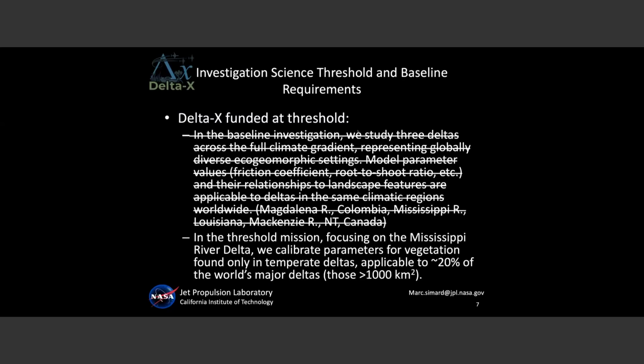So we had the Arctic Delta as well. However, it was funded at the threshold level that we had offered, and that was only on the Mississippi River Delta, which means the research that we are doing applies to about 20% of all river deltas worldwide.